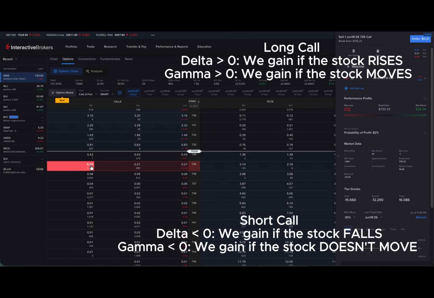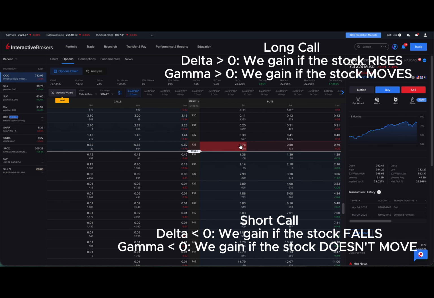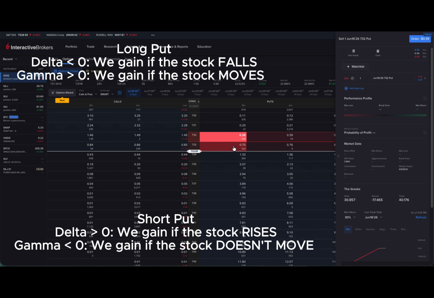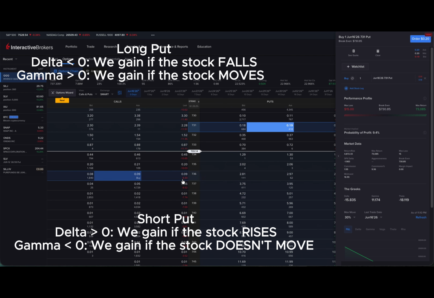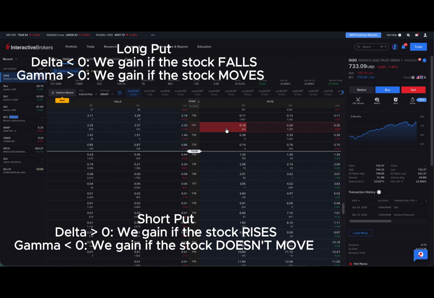But if you go for the short calls, for example, you see here that the gamma is negative for a short position, and also here for the short put, you also see that the gamma is negative. The gamma is positive for the long positions. Here you see the long puts, the gamma is positive, and it is negative for the short positions.